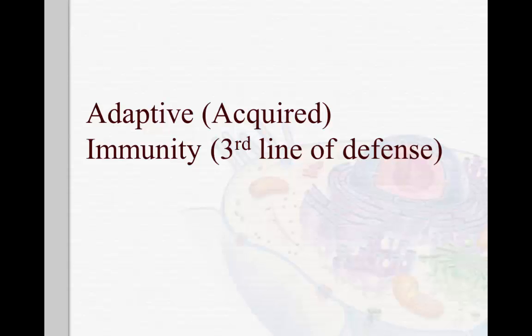Good morning. Today we're going to discuss the third line of defense, which is the adaptive immune system. Adaptive, or specific, or acquired immunity is not present at birth. It is learned, as a person's immune system encounters foreign substances, which are antigens. We discussed in the prior PowerPoint the definition of antigens.